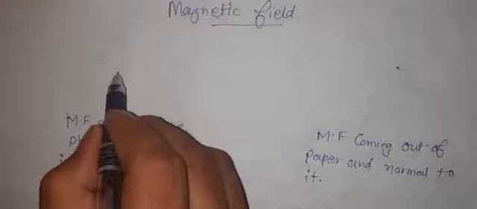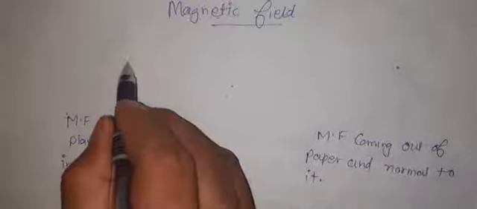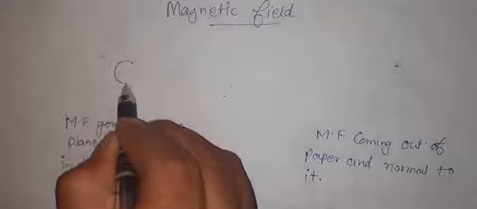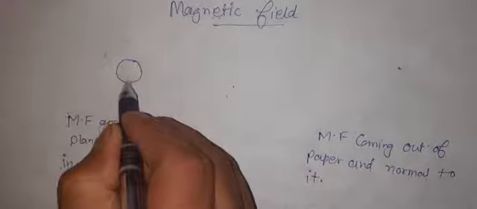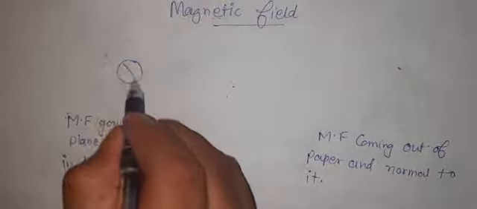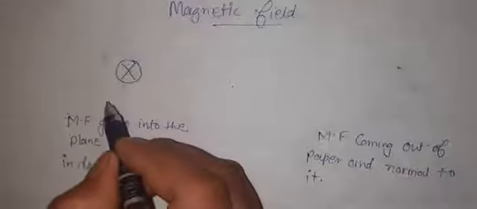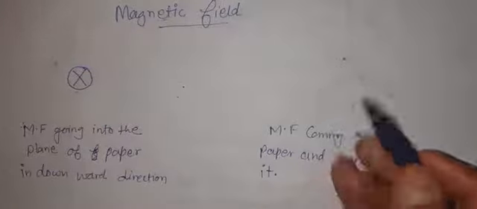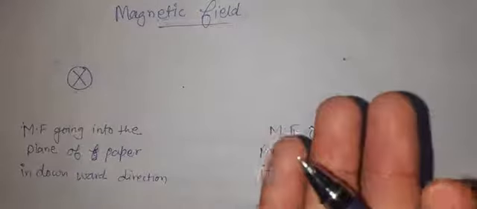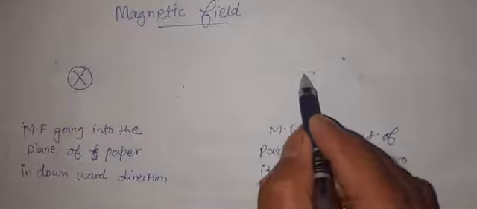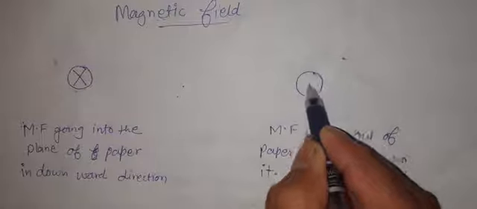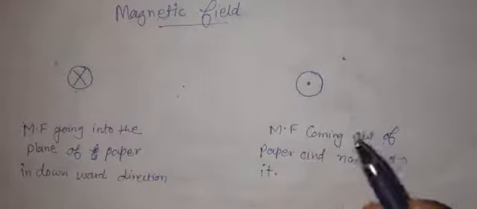So the magnetic field is going downward in this way. When it is going downward, at that time you have to draw a circle when the magnetic field is going into the paper, and you need to put a cross there. And if the magnetic field is coming out from the paper toward you, then there you need to put a circle, and in it you will use a dot.